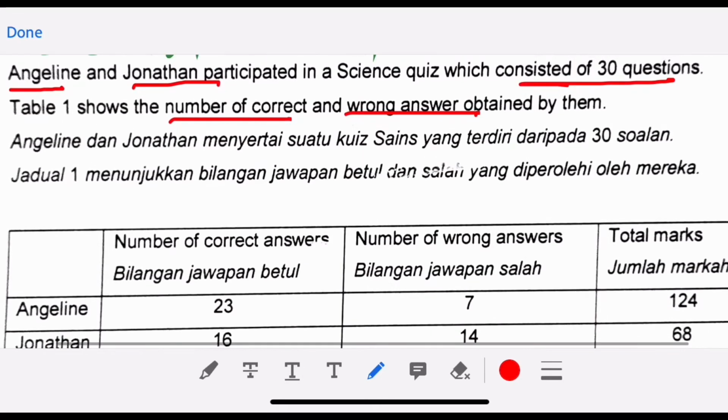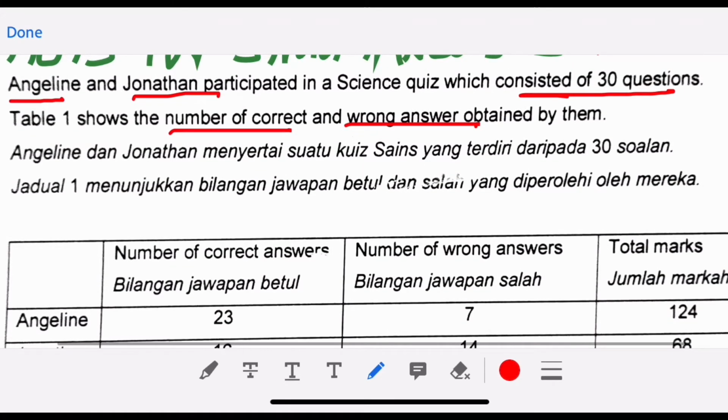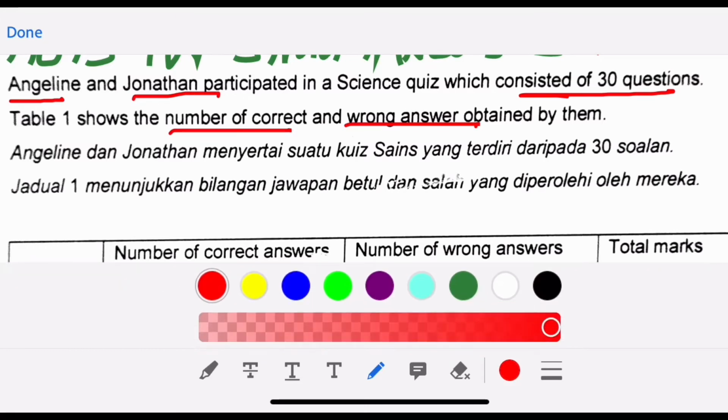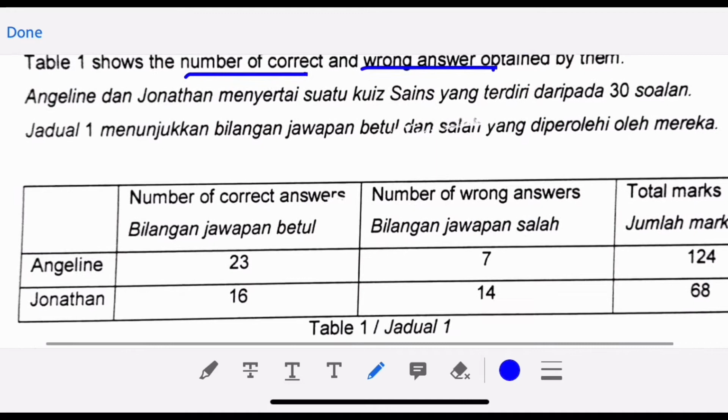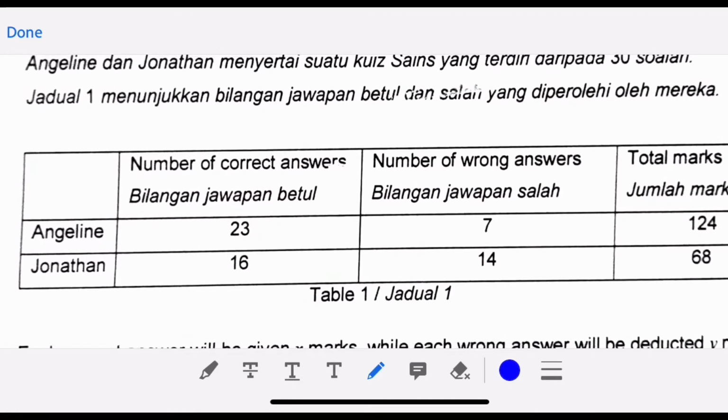If let's say one correct answer is given X mark, and if 23, then the marks have to times with the 23, and number of wrong answers will be given Y marks, and the marks will be minus out from the correct answer.